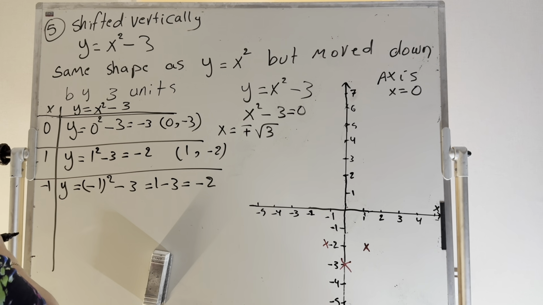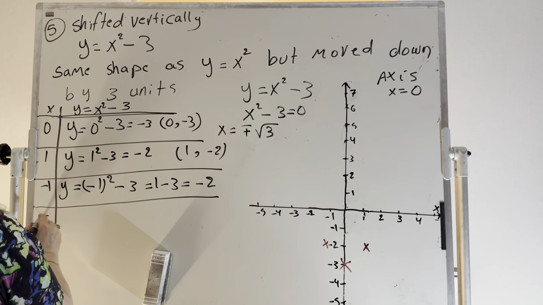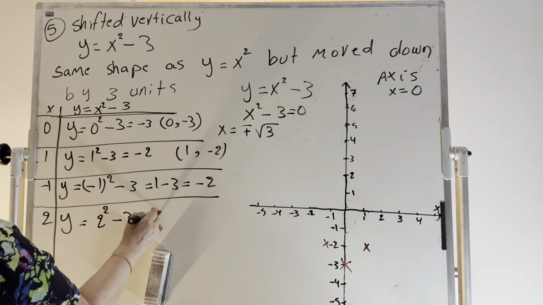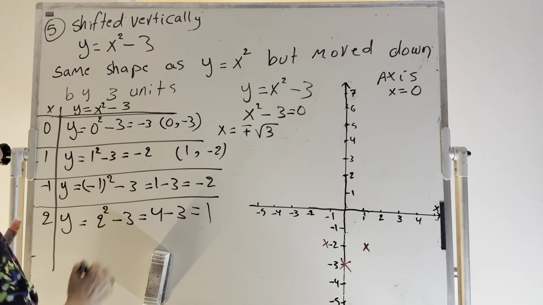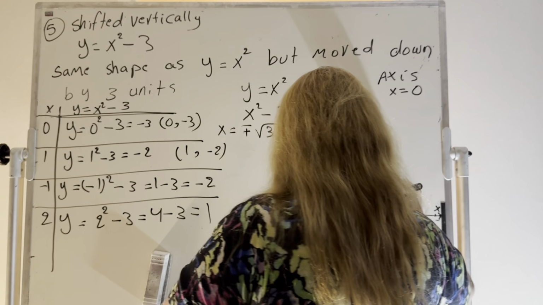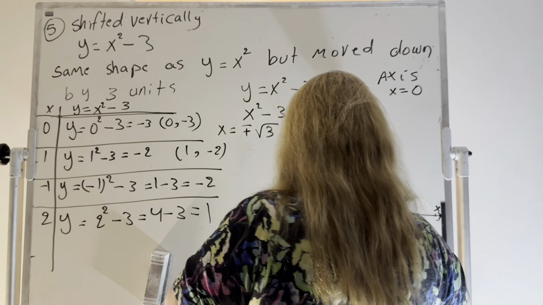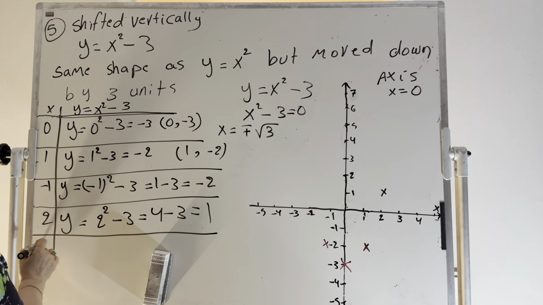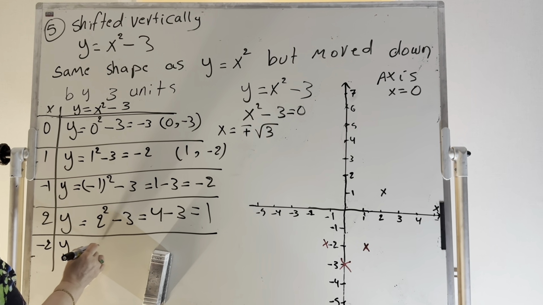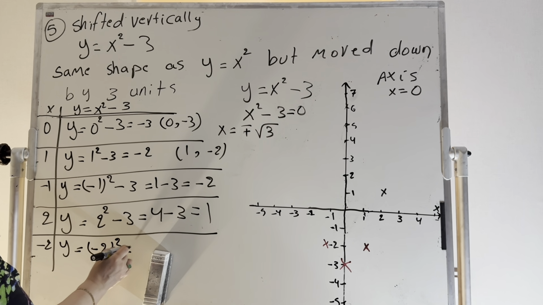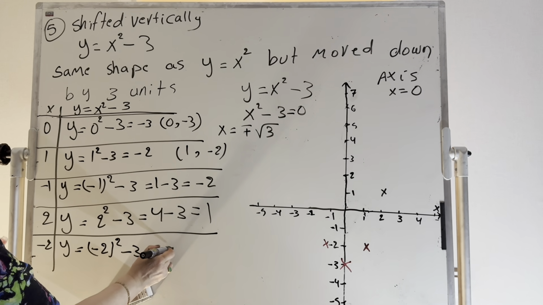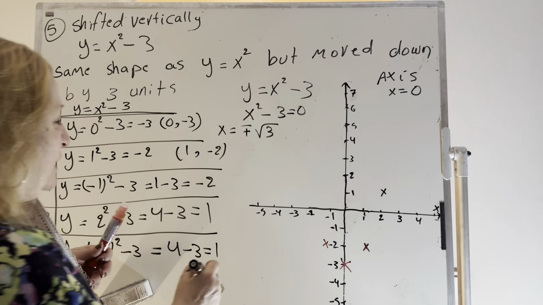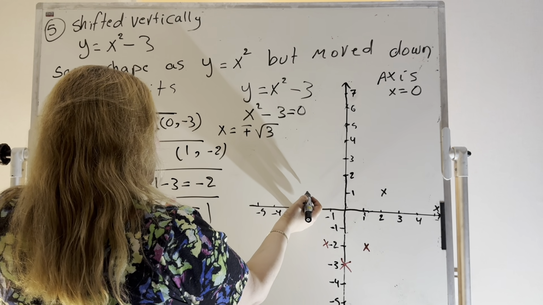When x equals 2, y equals 2 squared minus 3 equals 4 minus 3 equals 1. And when x equals minus 2, y equals minus 2 squared minus 3 equals 4 minus 3 equals 1.